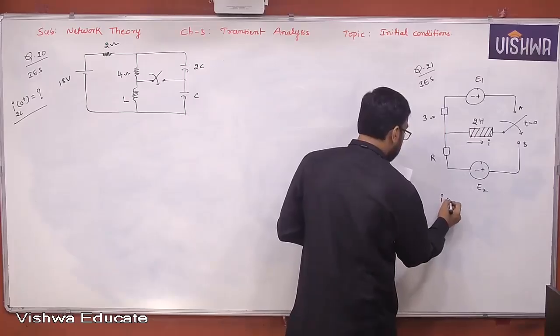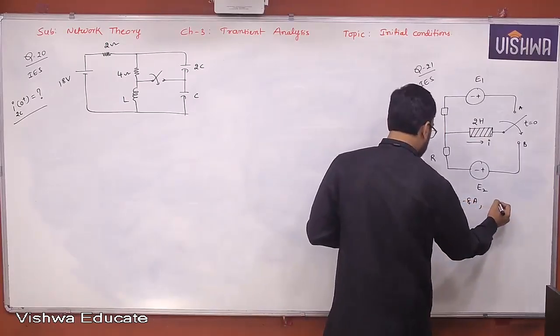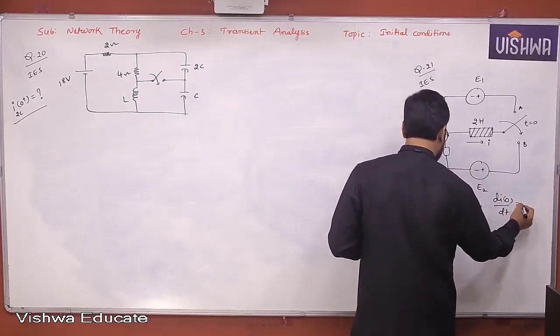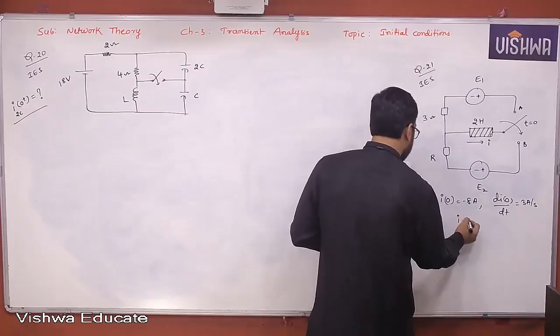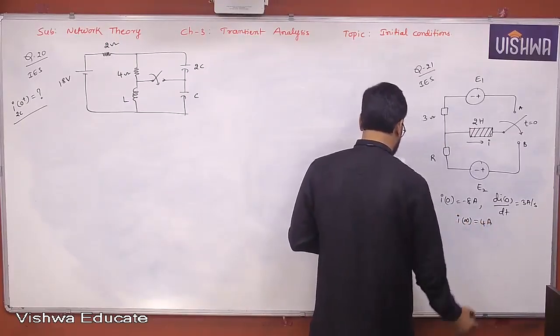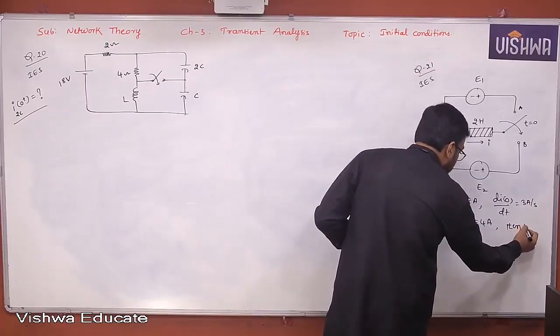I of 0 is given as minus 8 ampere. di of 0 by dt is given as 3 amperes per second. I of infinity is given as 4 ampere. Then he is asking the capital R value.